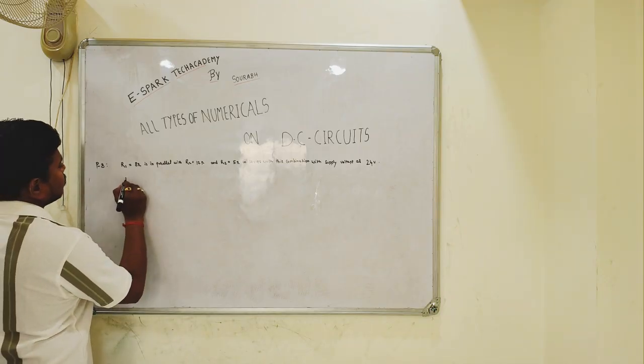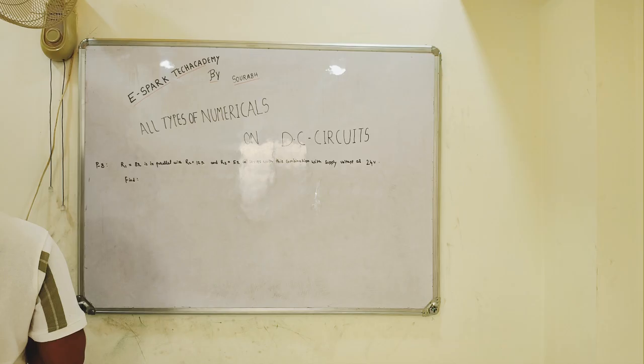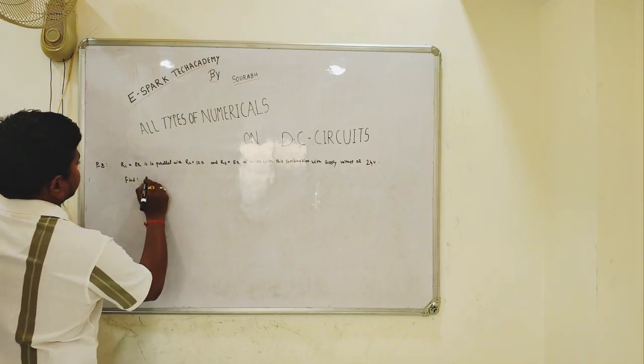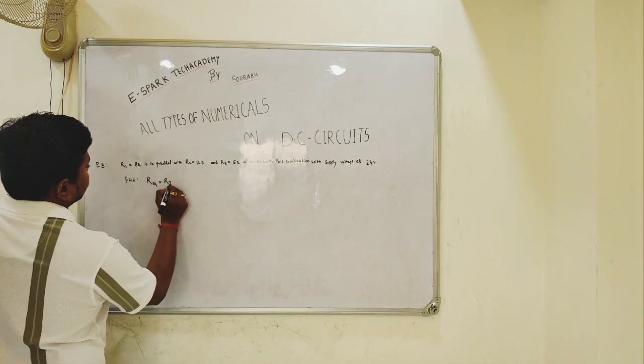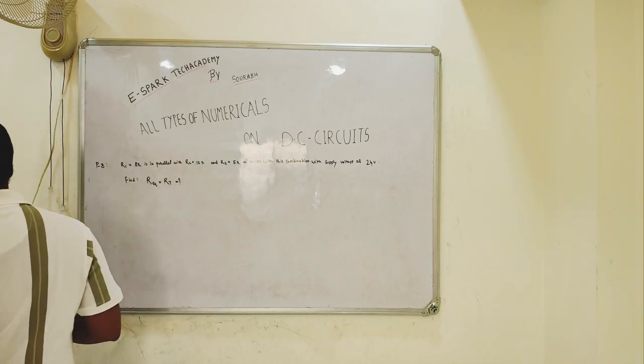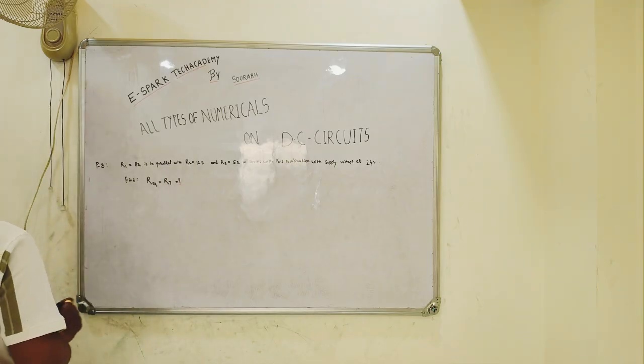Now what we have to find is the total resistance. R equivalent of the circuit means R total needs to be calculated, and current through this circuit you have to calculate.